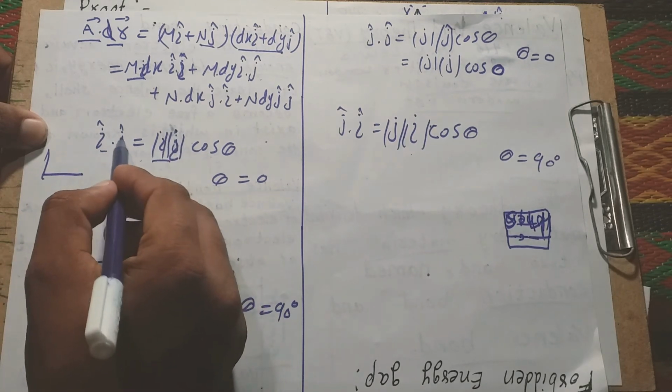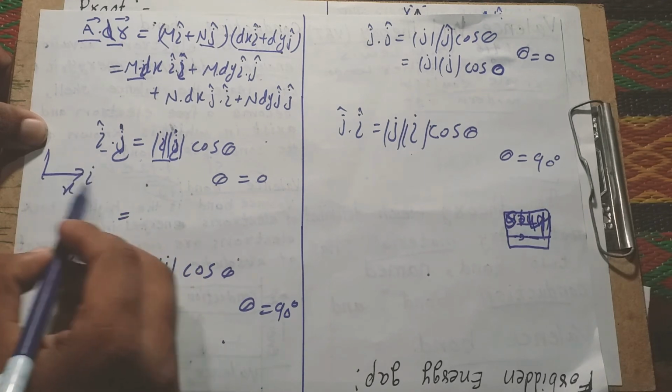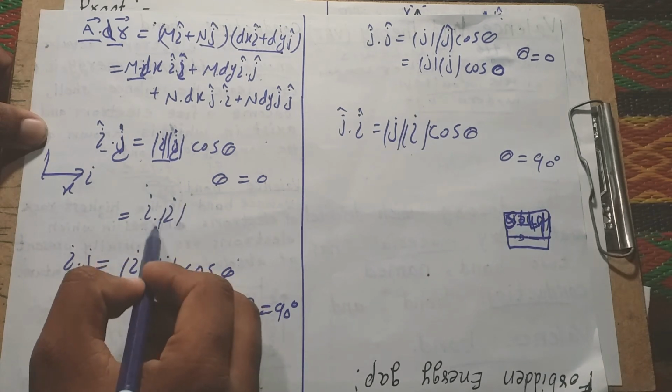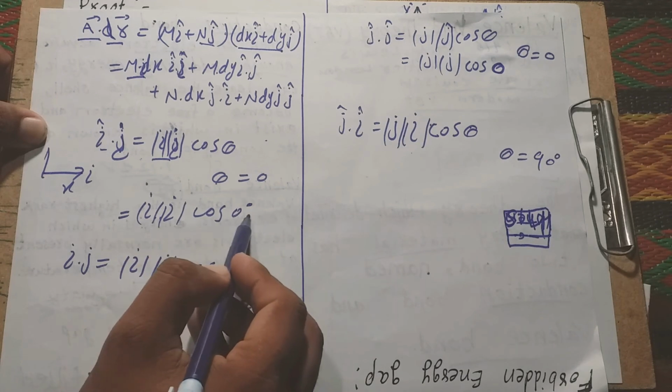First consider i dot i. i lies on the x-axis and the angle between them is 0. We know that cos 0 is 1.